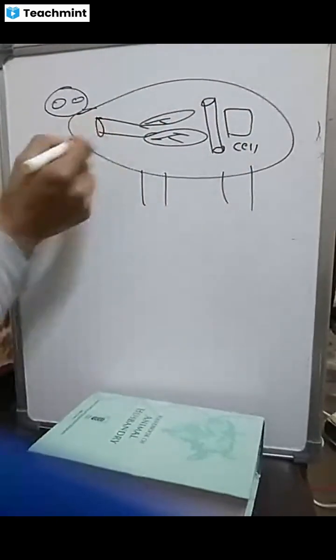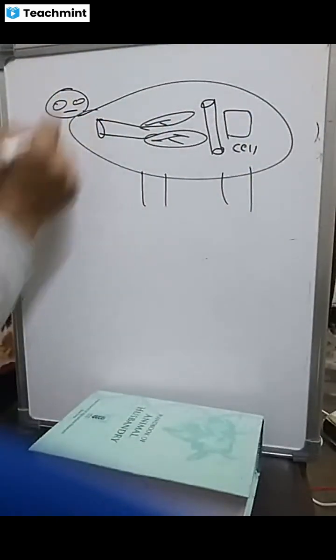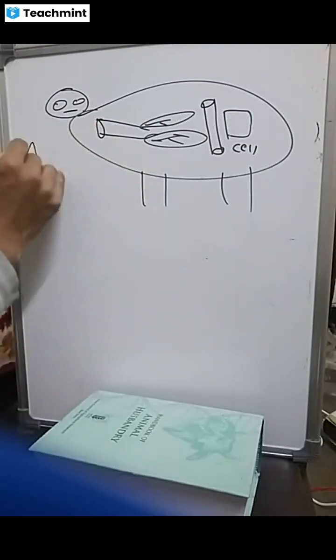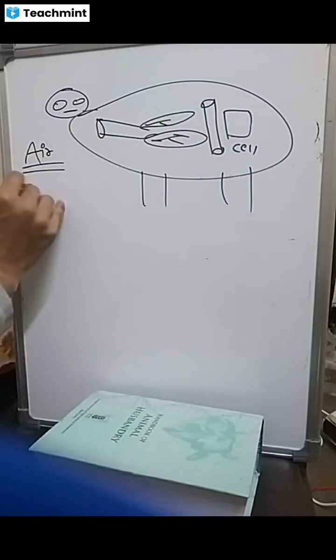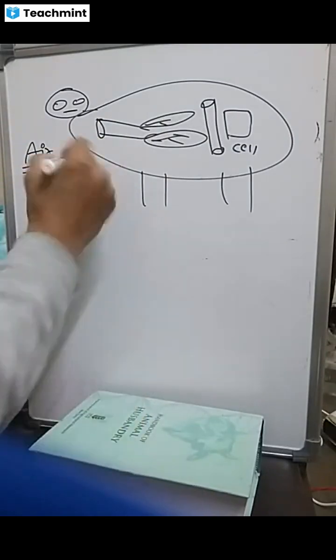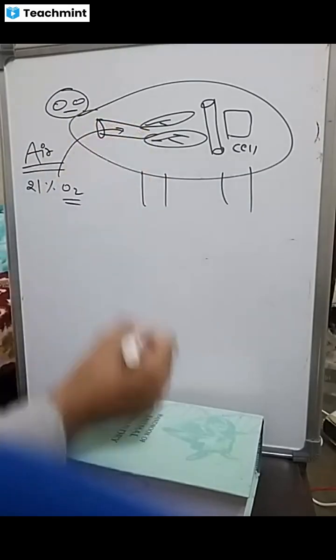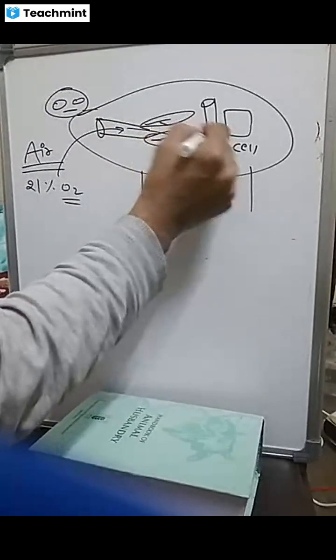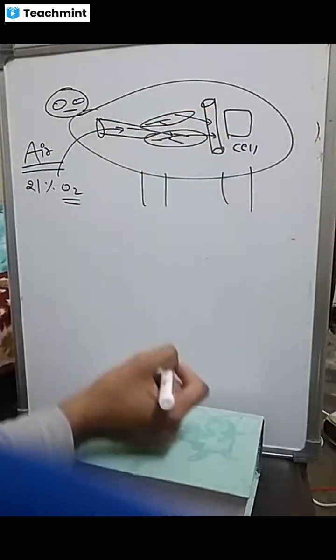So in case of animal, if we start from the outside, in the air, 21% oxygen is present. That oxygen enters the lungs. From the lungs, it will diffuse into the blood.